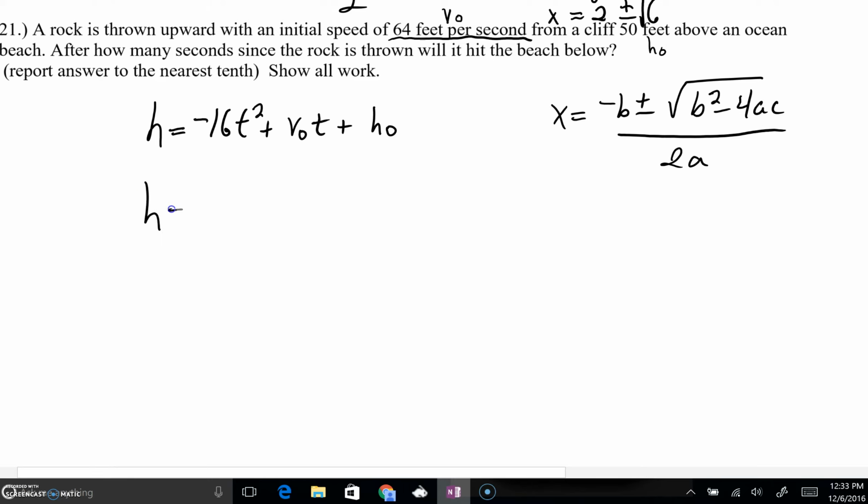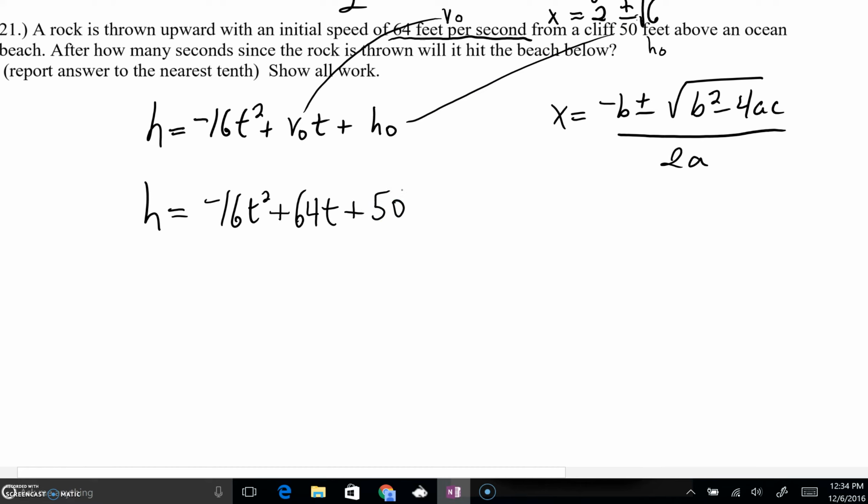Well, you're going to thankfully be given a formula that you see right here. The height is negative 16t squared when you're measuring distance in feet, plus your v naught, that's your 64. We'll have 64t, and your beginning height is 50 actually, so you could put 50 in for h naught.